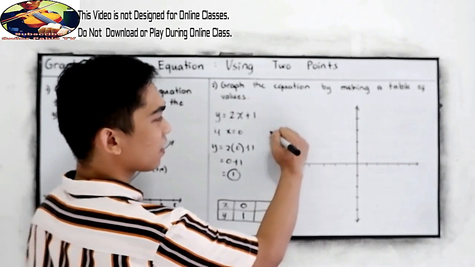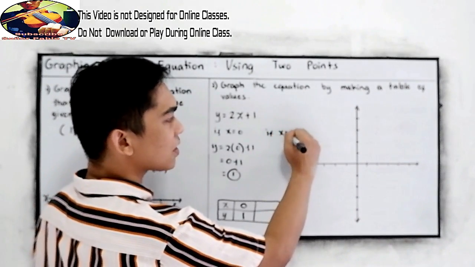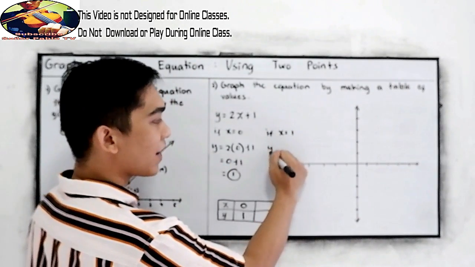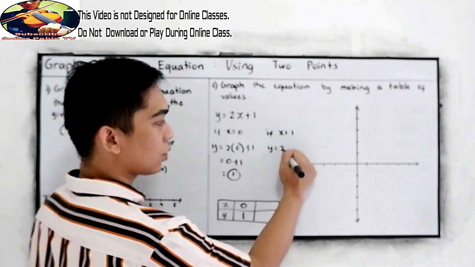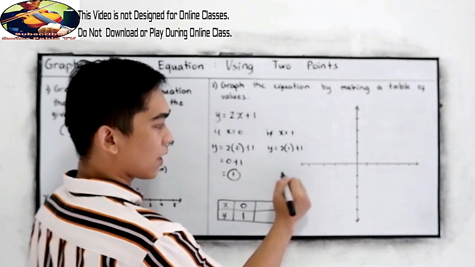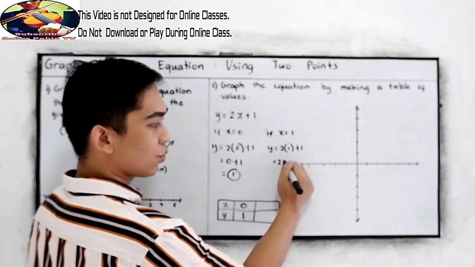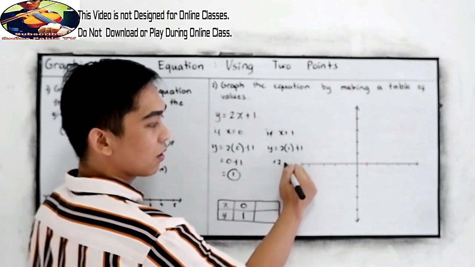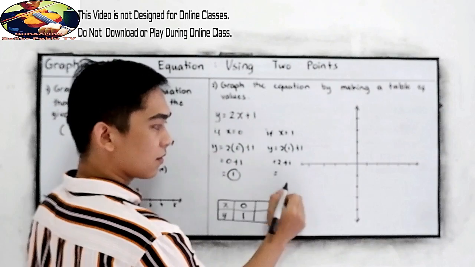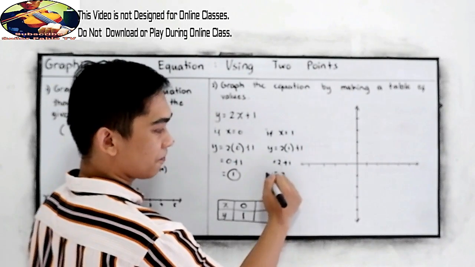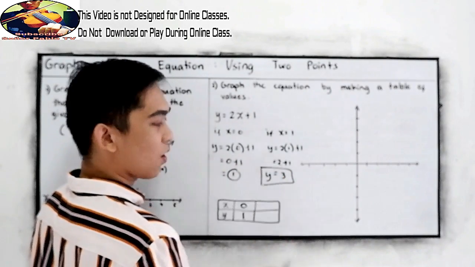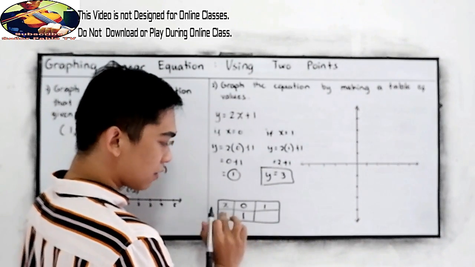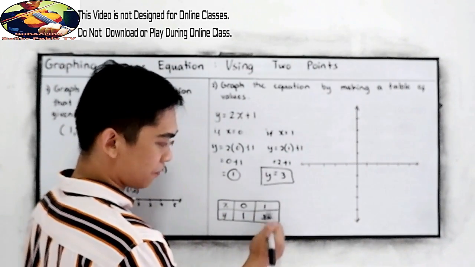Next, if x is equal to 1, so y is equal to 2 times 1 plus 1. So 2 times 1, that is 2, plus 1. 2 plus 1 is 3. Okay. So if x is 1, therefore y is 3.